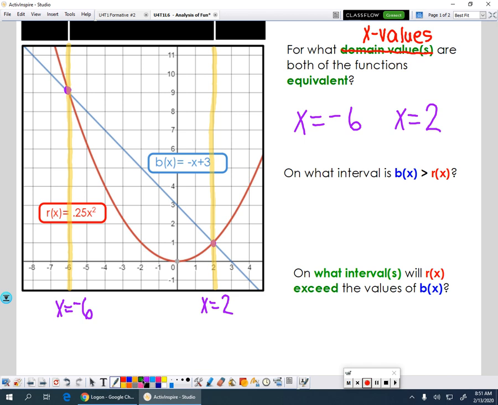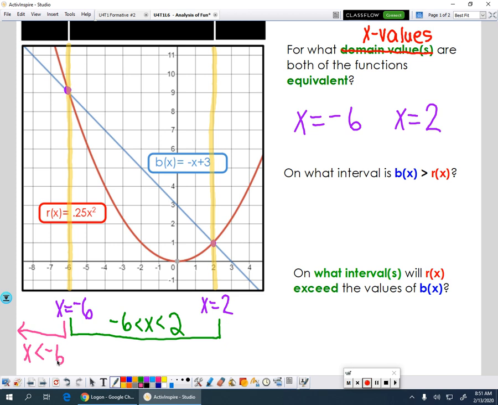Now before we start analyzing anything else, let's talk a little bit about how we've broken up this graph. Everything that's in between these two lines, we're going to say is in between -6 and +2. So it's all the x values that occur in between these two things. Now over here on this side, this is where everything is less than -6.